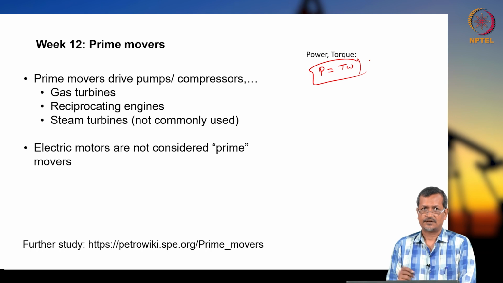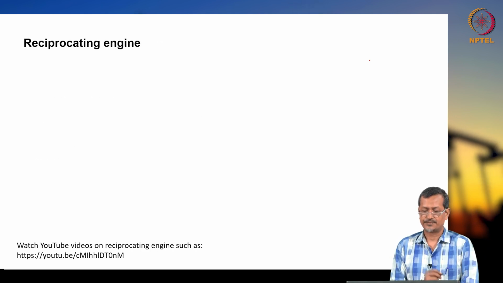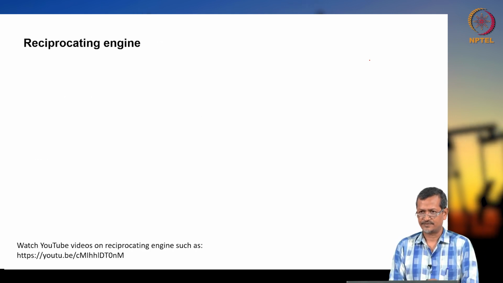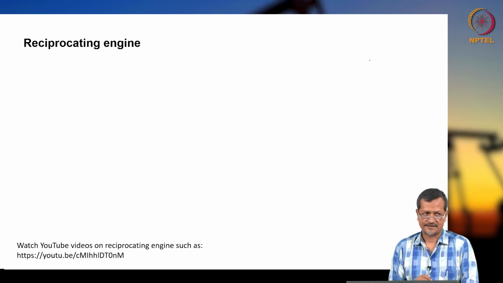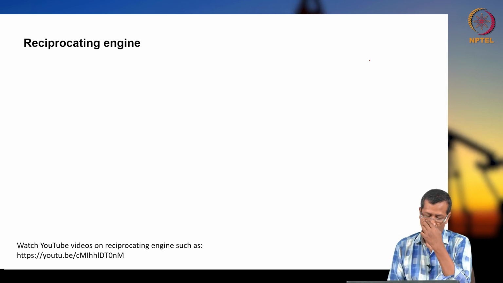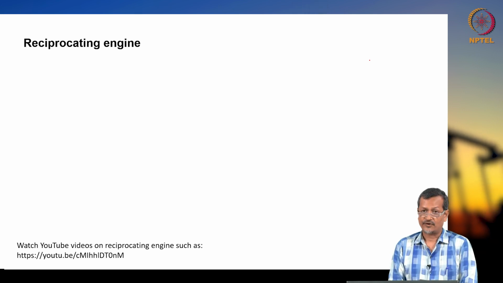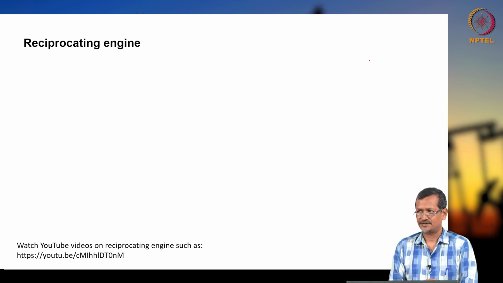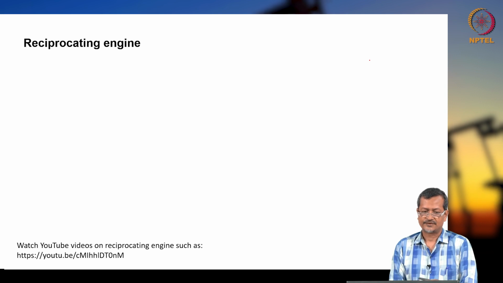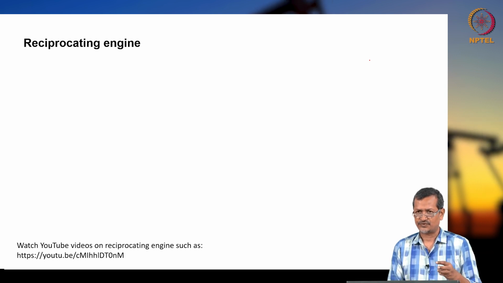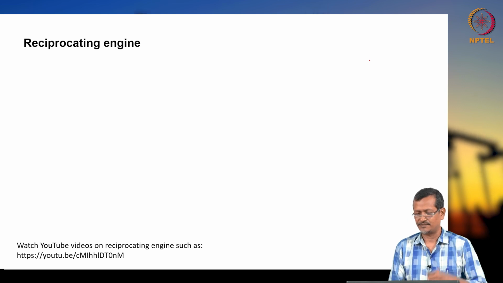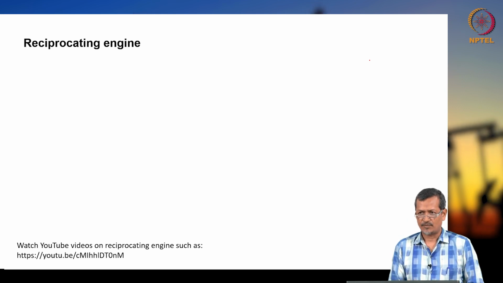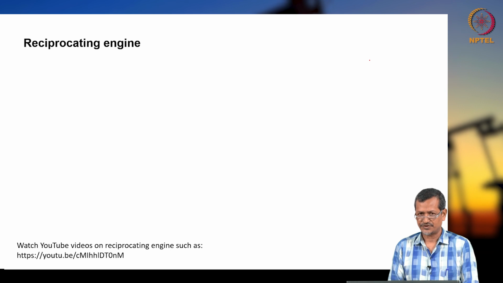First I will start with the reciprocating engine. You have seen reciprocating engines in your cars, bikes, and these days trains, which are diesel locomotives. Aircraft do not use them; aircraft engines use gas turbine engines. The same reciprocating engine is used for gensets, in household applications and societies. It is a very commonly used power producing system.